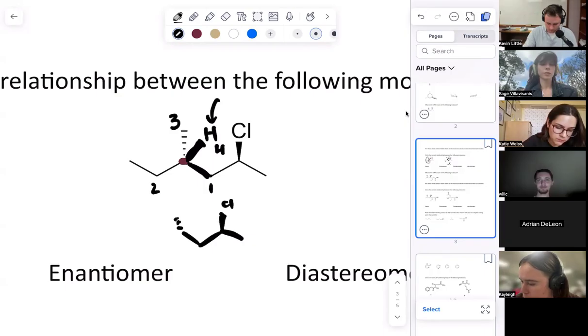So I'm going to redraw my wedges and my dashes in my flat. I want to put my hydrogen onto the dash. That means this methyl group has to move to the flat, and this ethyl group has to move here.